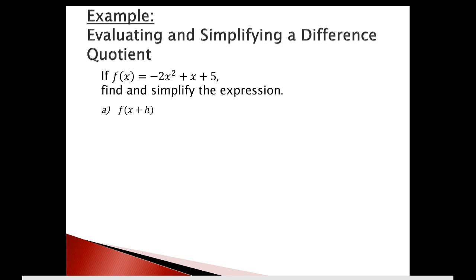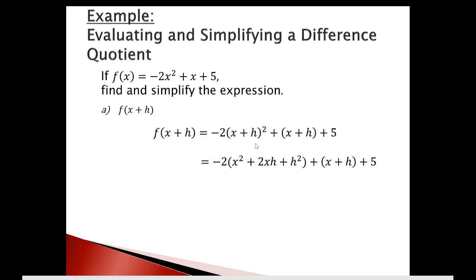Here we are going to calculate the difference quotient of this function. To calculate the difference quotient of this function, first of all we need to find the value of f of x plus h. To find this value, first we have to change the value of x into x plus h. Then after changing x into x plus h, here we will have -2 times (x plus h) squared plus x plus h plus 5.